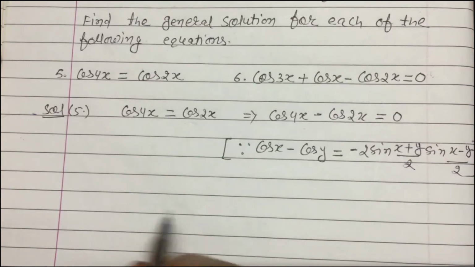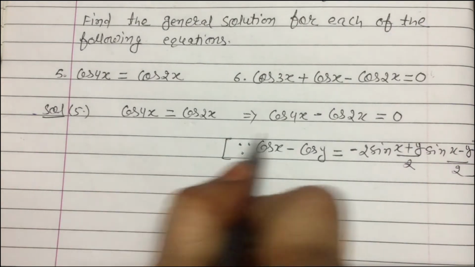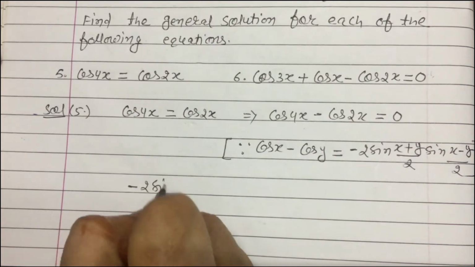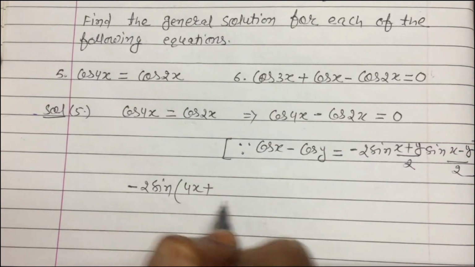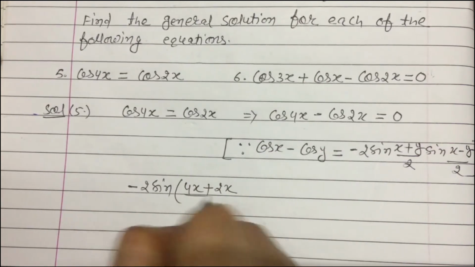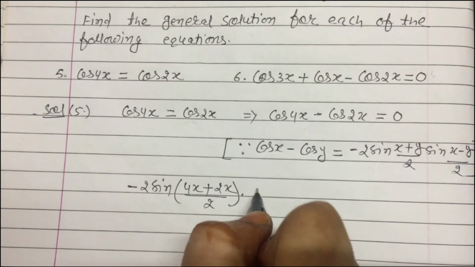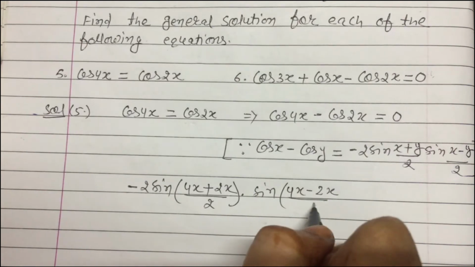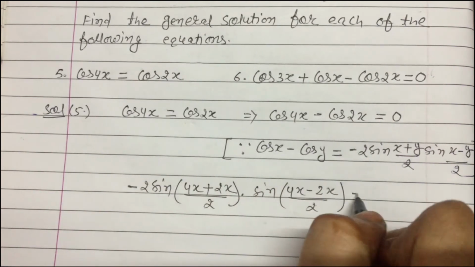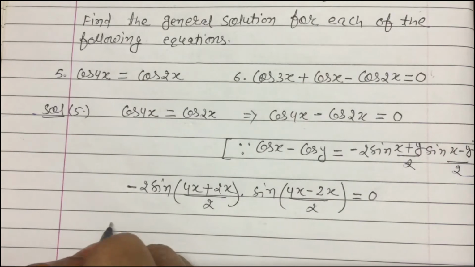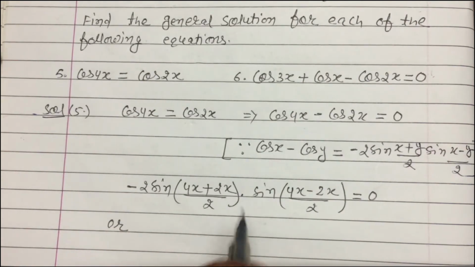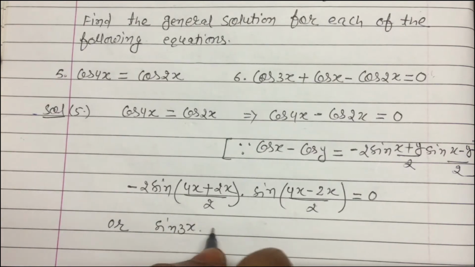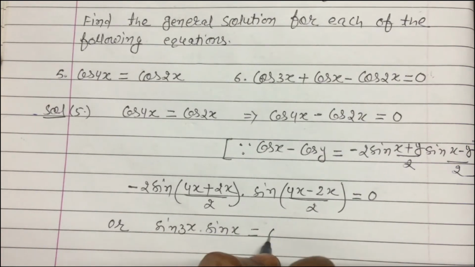When you apply the formula, you get minus 2 sin of (4x plus 2x) by 2 into sin of (4x minus 2x) by 2 is equal to 0. When you solve this, you will get sin 3x into sin x is equal to 0.